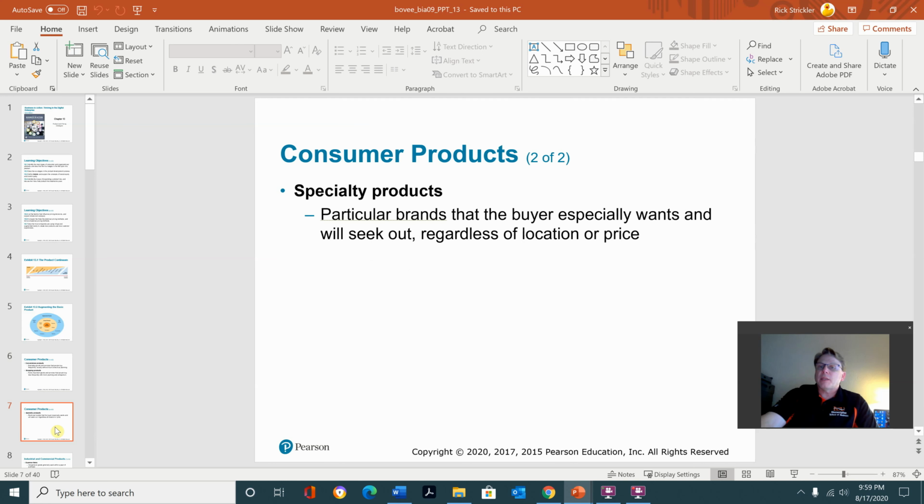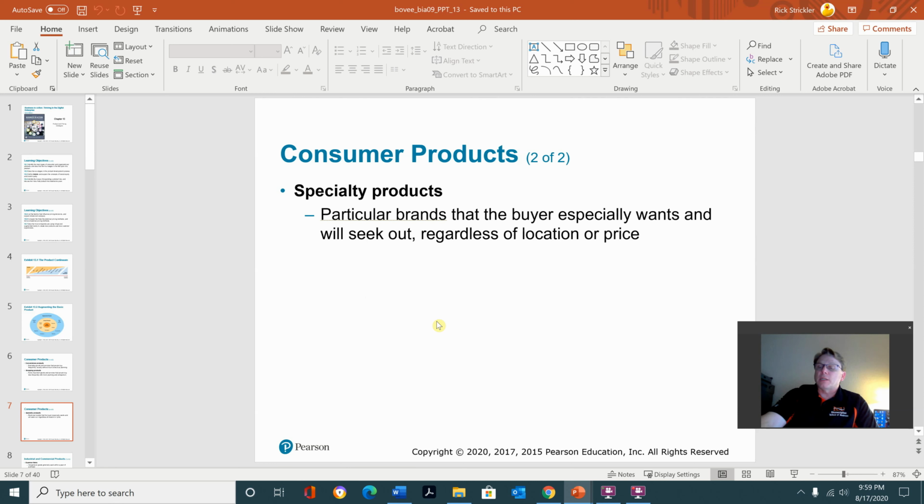Specialty products: a particular brand that the buyer especially wants and will seek out regardless of location or price. Tiffany would be an example. Tiffany jewelry. People will seek out Tiffany if that's what they want and buy that, regardless of price. Armani suits. If you really want an Armani suit, you'll find where there's a Neiman Marcus and go there to purchase an Armani suit and have it tailored.